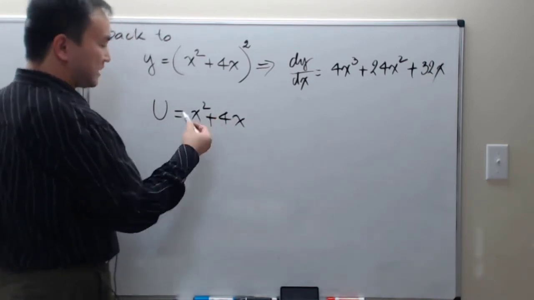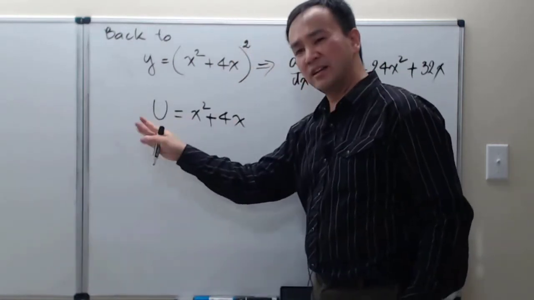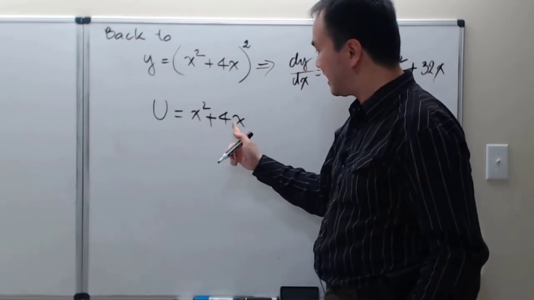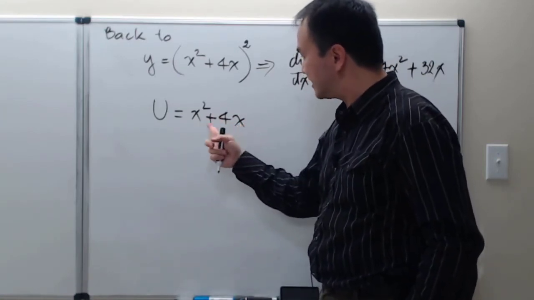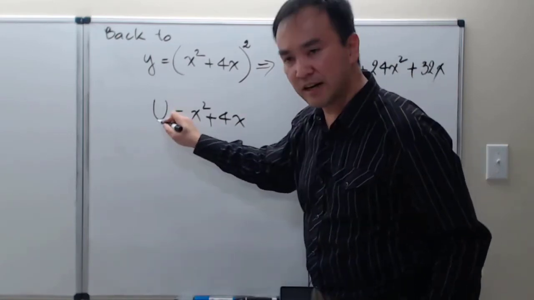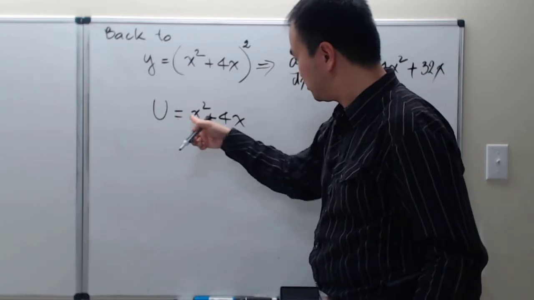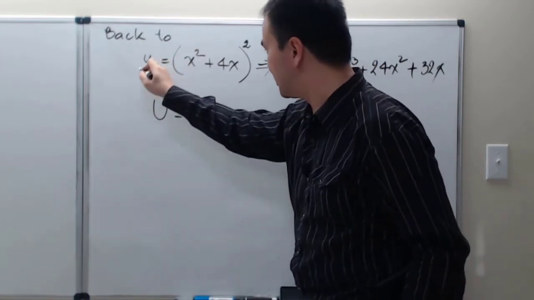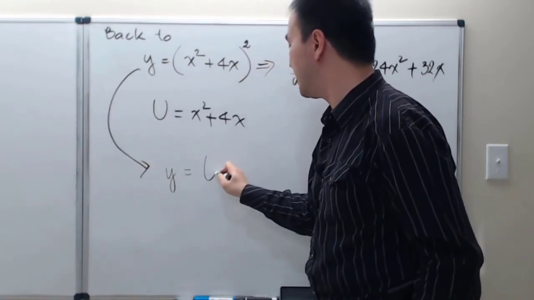Sometimes people just think that this expression x squared plus 4x is going inside of the u variable. So substituting x squared plus 4x as a new variable u, the expression becomes y equals a big U squared.